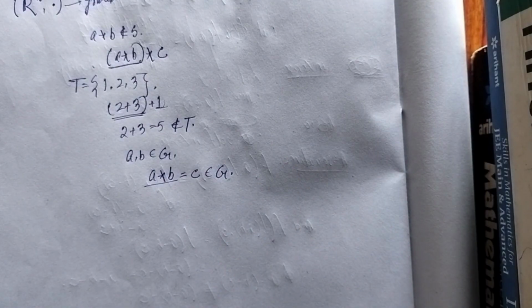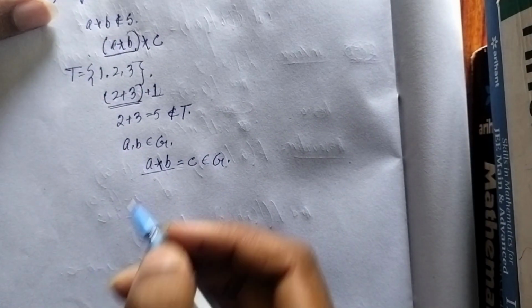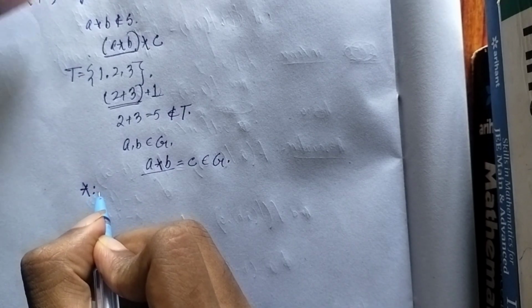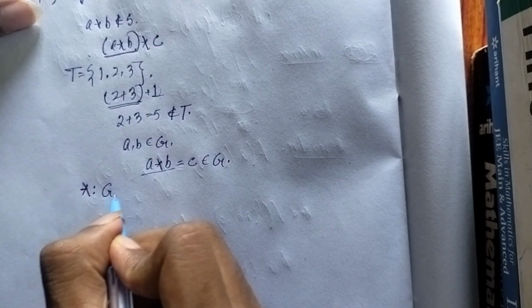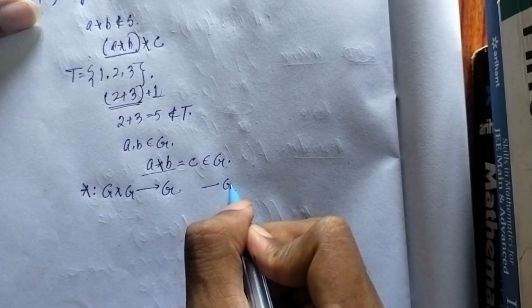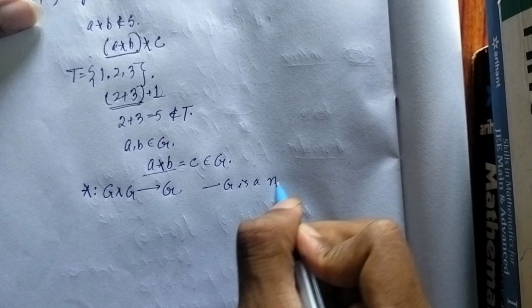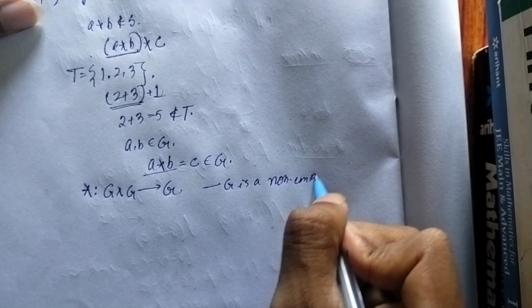So can we assign a function? Let's try to do it. Let's say star is a function from G cross G to G, and G is a non-empty set.